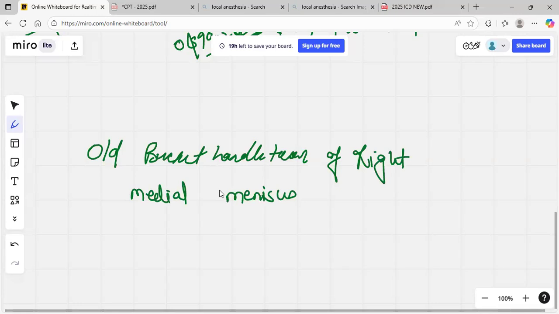So now we have to refer the condition. So our condition is tear. Patient is having the bucket handle tear. So we have to refer tear in the manual.